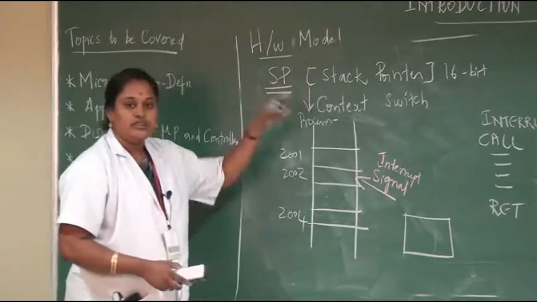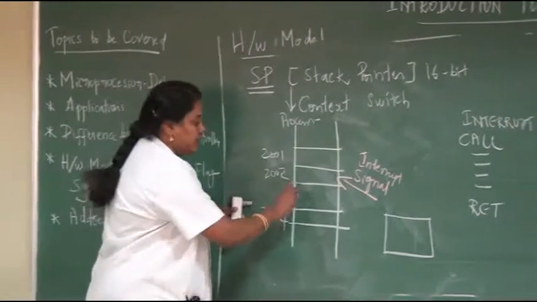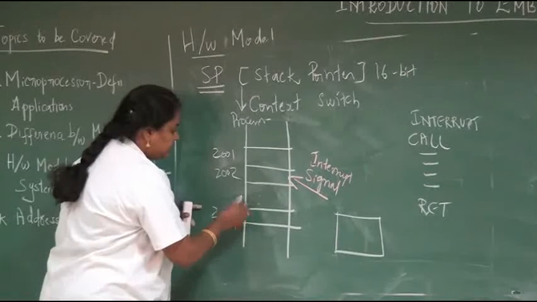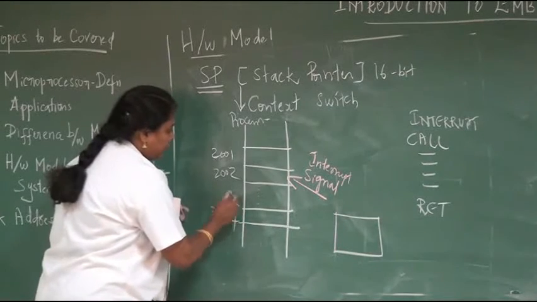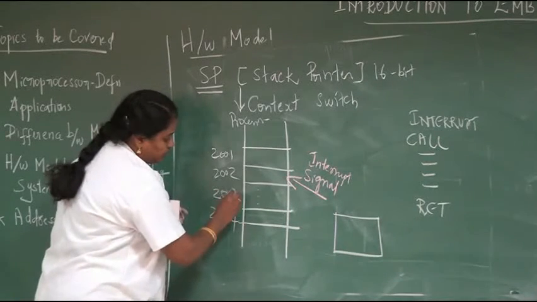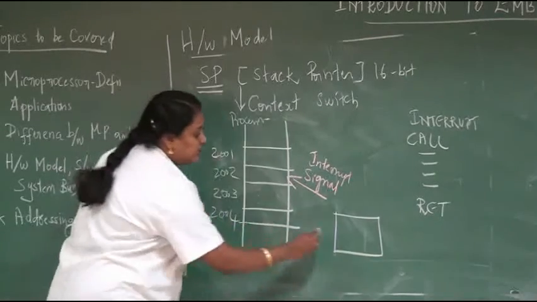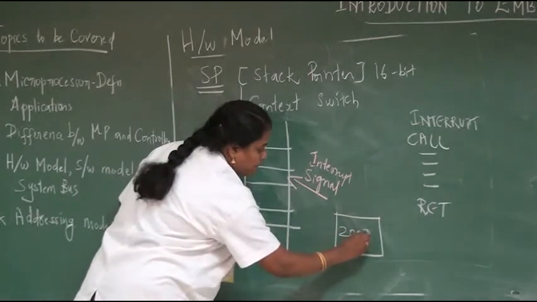By that time, what does the processor do? It stops its execution and stores the address of the next instruction to be executed. For example, the address of the next instruction is 2003. It is stored in the stack pointer.